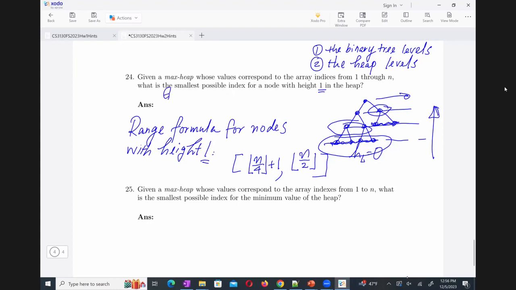The general case, range formula: closed interval, floor function n over 2 to the h plus 1, plus 1, comma, n over 2 to the h.